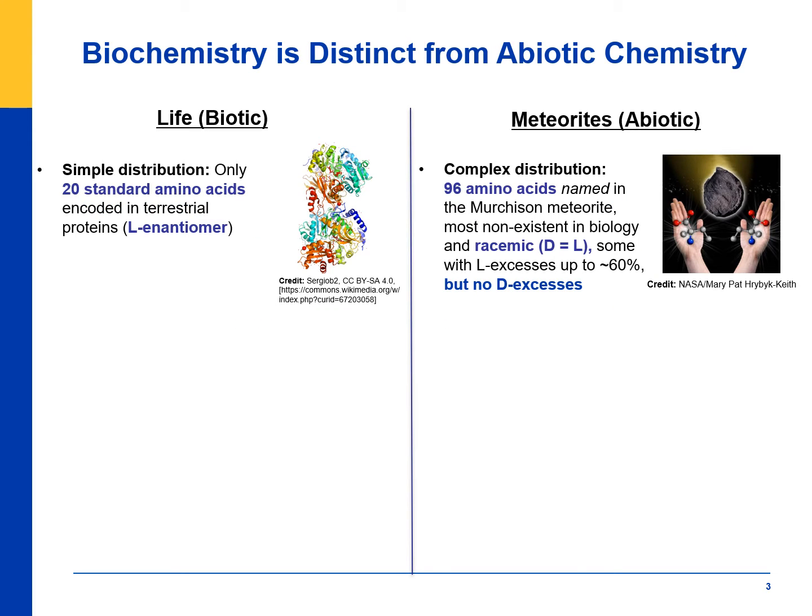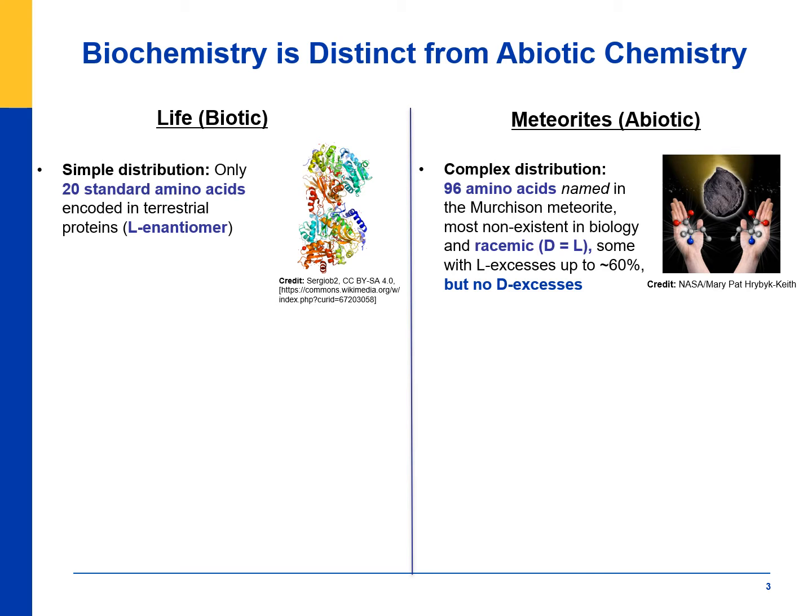We know from life on Earth that biochemistry is distinct from the abiotic chemistry that we see in meteorites and that we discover in laboratory simulation experiments. Life contains a very simple distribution of amino acids. Only 20 standard amino acids are encoded in terrestrial proteins. And as I mentioned before, they're all of the left-handed enantiomer.